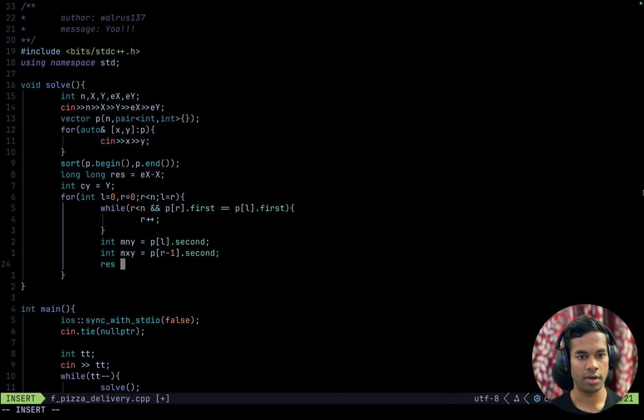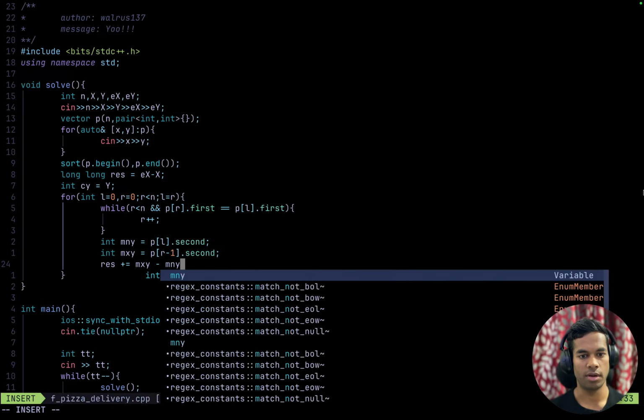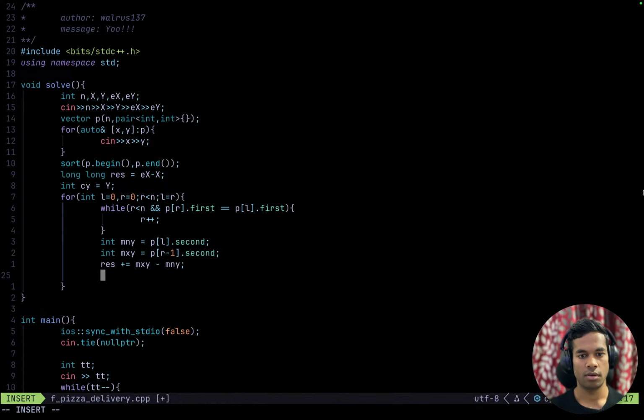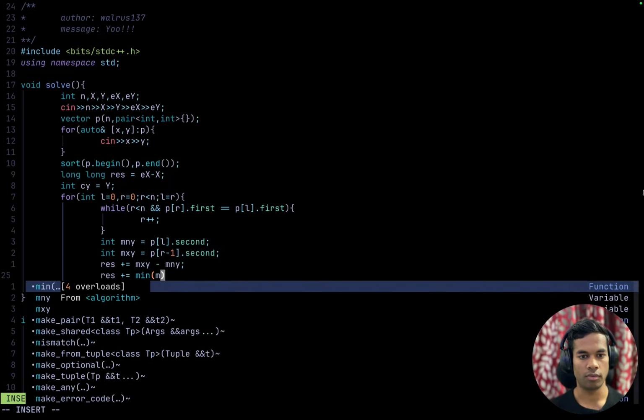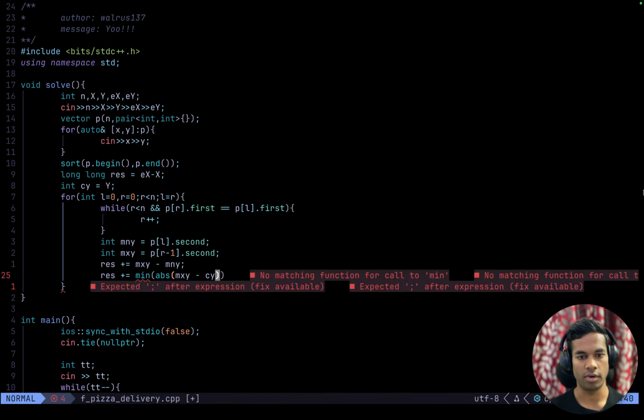And then response plus equals maximum y minus minimum y, the inner distance, and response plus equals minimum of absolute value of maximum y minus current y.